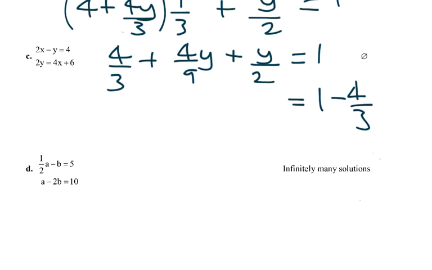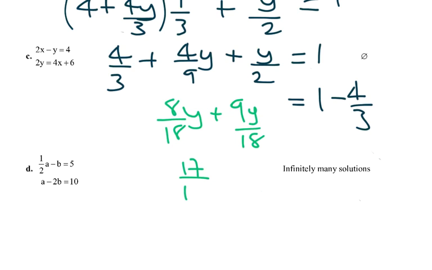So if we give them both a common denominator, 18, we're going to have 8 over 18y plus 9y over 18. And then if we simplify that, we've got 17 over 18y equals negative 1 over 3. And then rearranging, we get y is equal to negative 6 over 17.